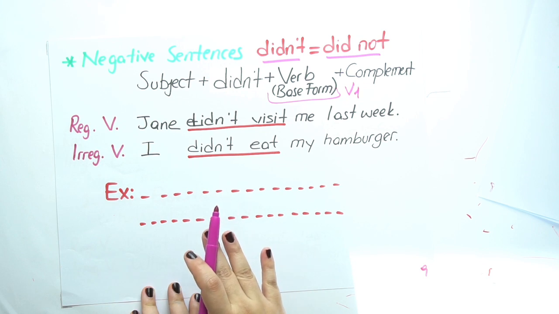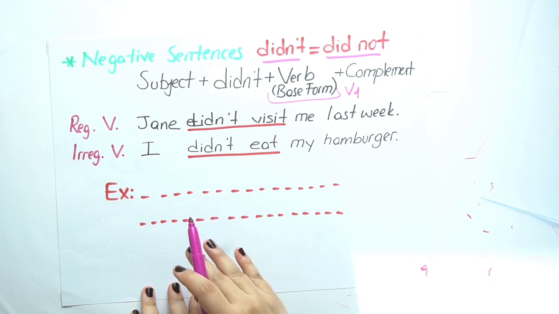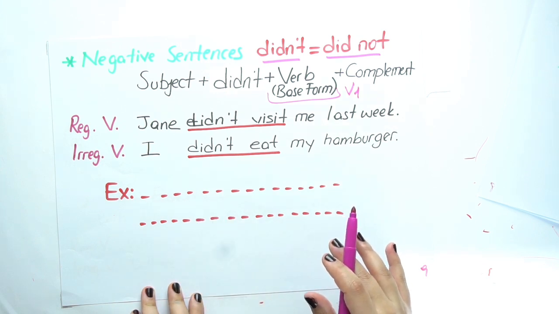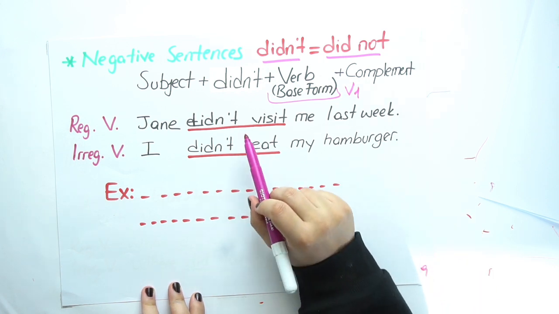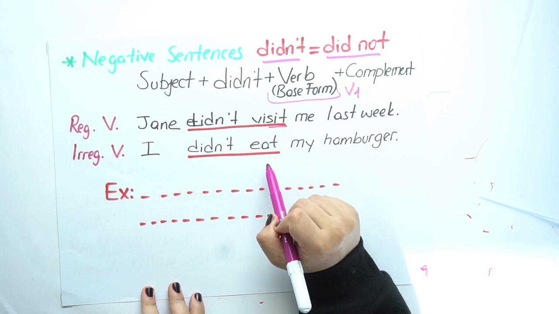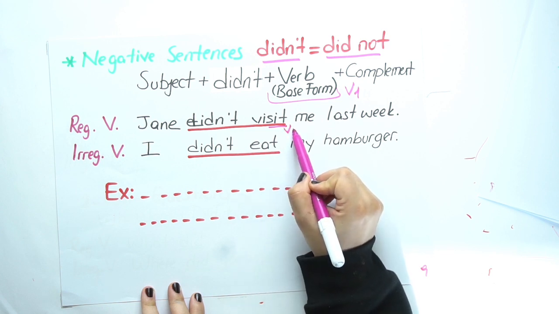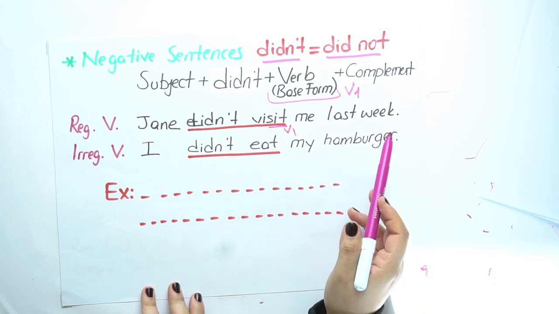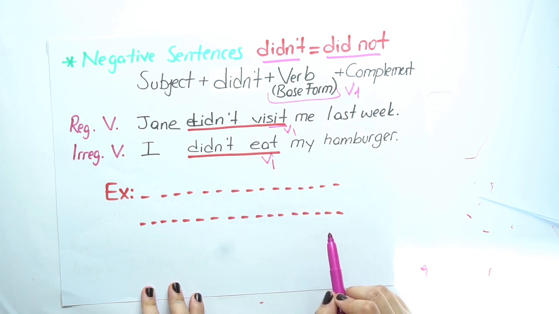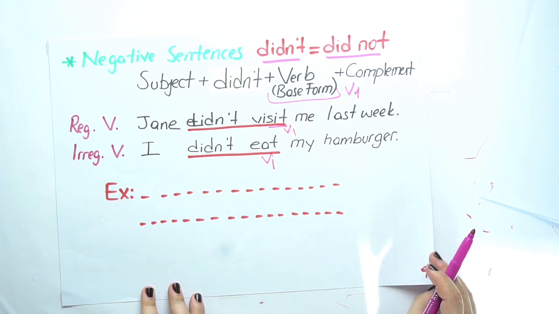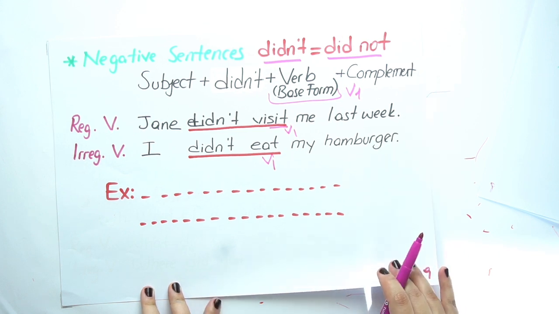So no matter whether it is a regular or irregular verb, it will be verb 1. Jane didn't visit me last week. I didn't eat my hamburger, verb 1 again. Please write 2 examples for negative sentences as well.